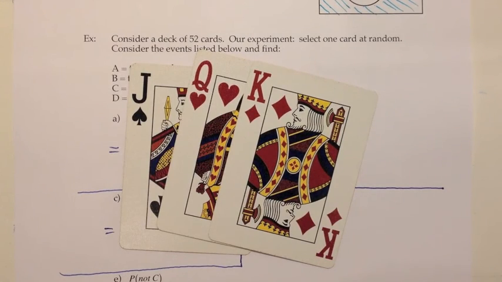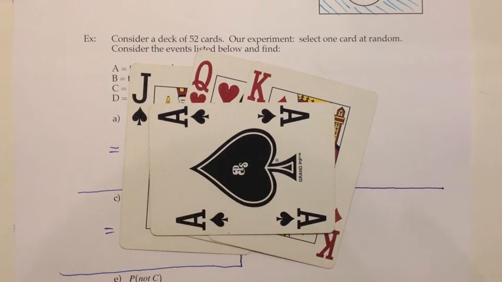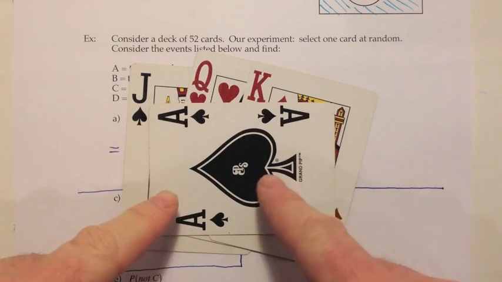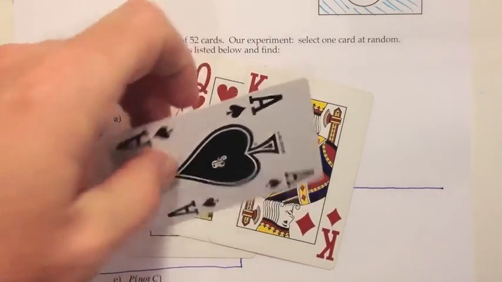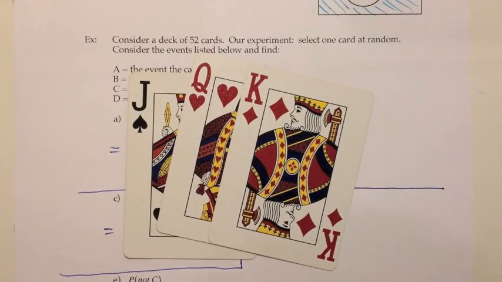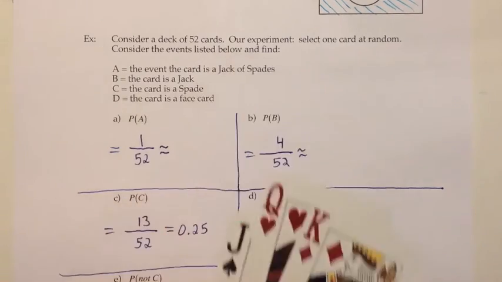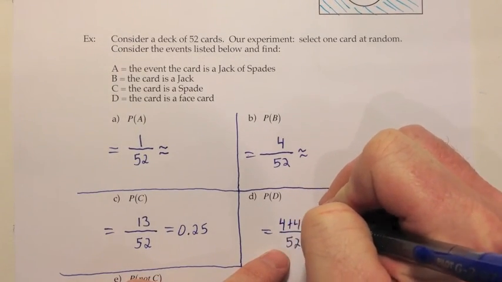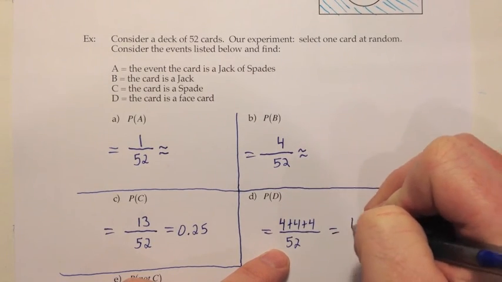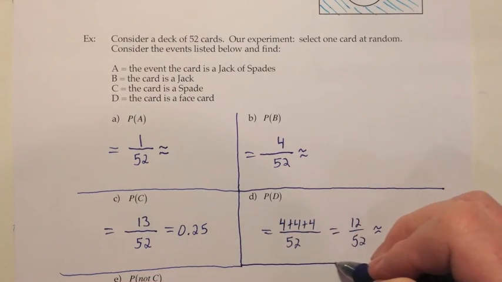It's a common misconception that an ace would be a face card as well, but if you look at the ace, it also does not have a face on it, it just has one spade shown in the middle, as opposed to the 8 clubs we saw a moment ago. So jacks, queens, and kings are all face cards, and we mentioned before there's 4 of each kind, so there's 4 jacks, 4 queens, 4 kings. So this would be 4 plus 4 plus 4, or 12 out of 52, and we'll go to a decimal on that one in a moment as well.